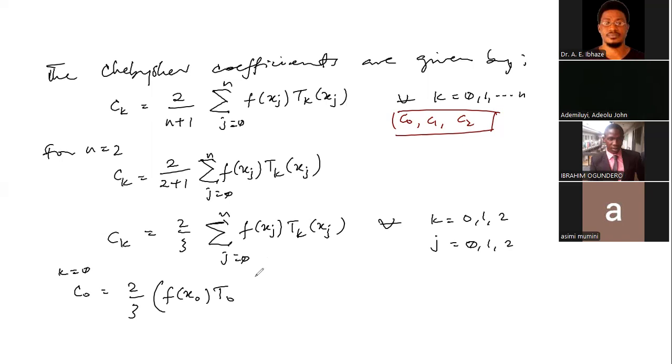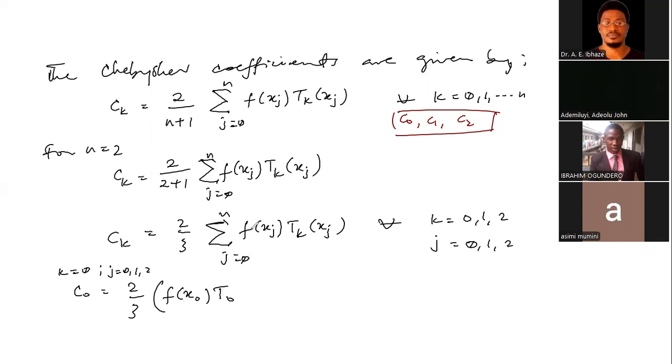This is a little tricky, so I'd love you to just observe. K is not changing at this point, but j is changing. We are moving from the first term to the second term to the third term. So for k equal to 0, j moves from the first term, the second term, and the third term, right?